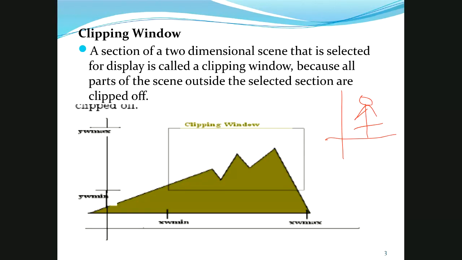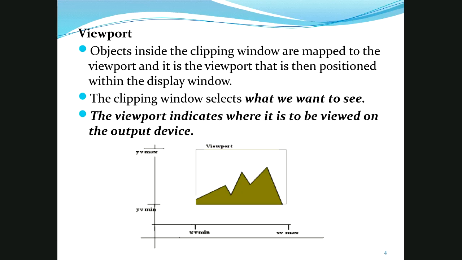Suppose I want to clip only the head with hands. So this portion I can cut, and this portion is called the clipping window. After cutting this portion, I can copy it and paste it into some other x and y plane here like this.